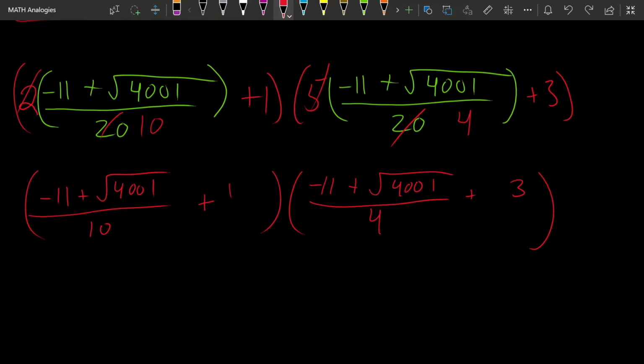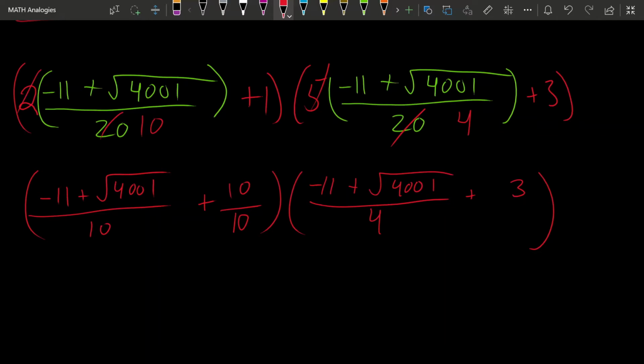Well, we can only do that with common denominators, so we need the 1 over a 10. But 1 isn't equal to 1 over 10. 1 is equal to 10 times 1 over 10. So that's just 10 over 10. Alright, so that's fine. We've primed that to combine.